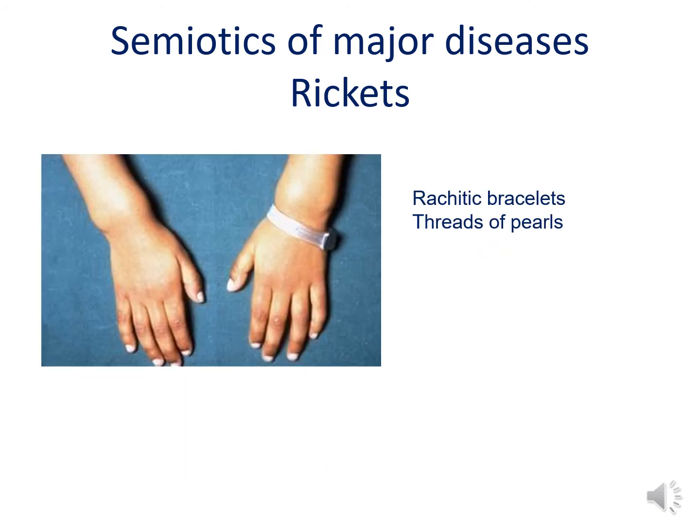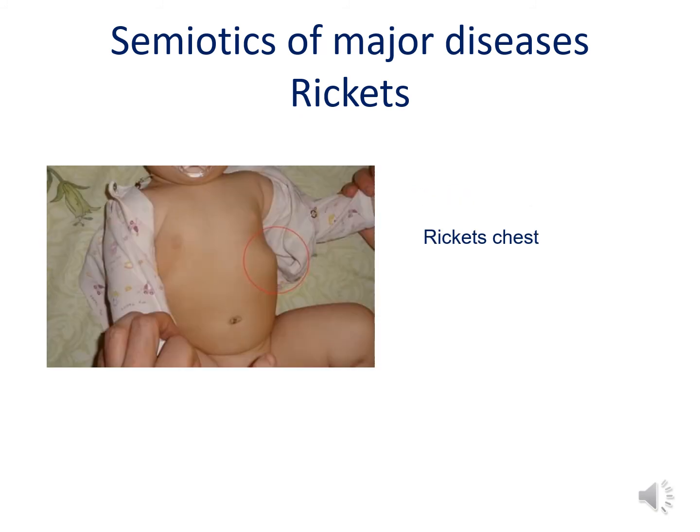On the hands we can see thickening of the diaphysis of the tubular bones in rickets. They are called rachitic bracelets and string of pearls. Rickets chest means expansion of the lower aperture of the chest. The symptom of frog's belly is decreased abdominal muscle tone.